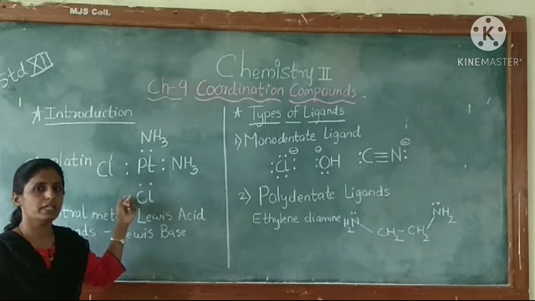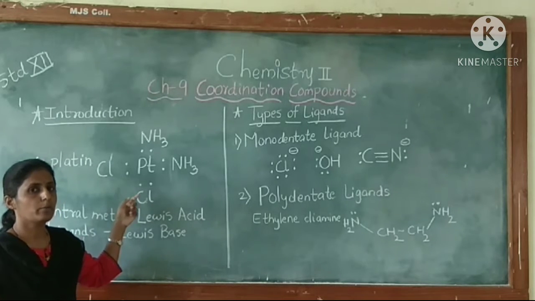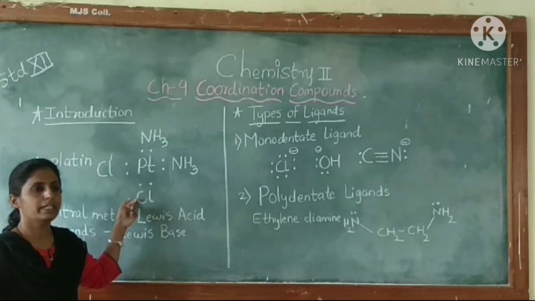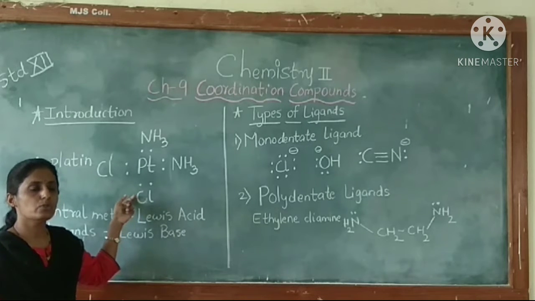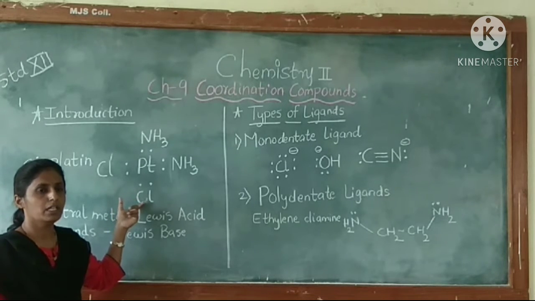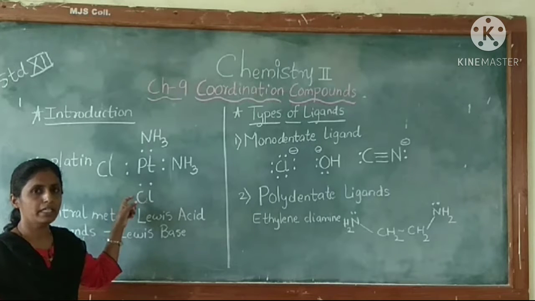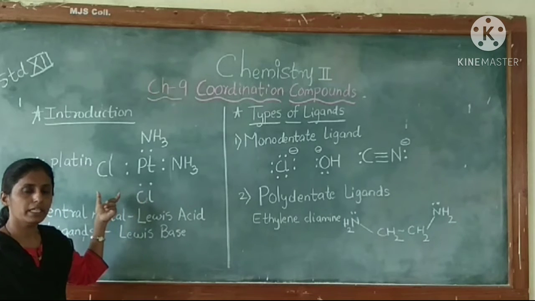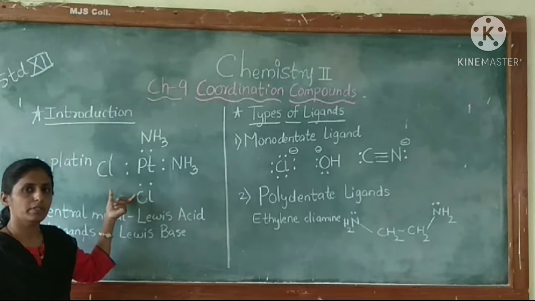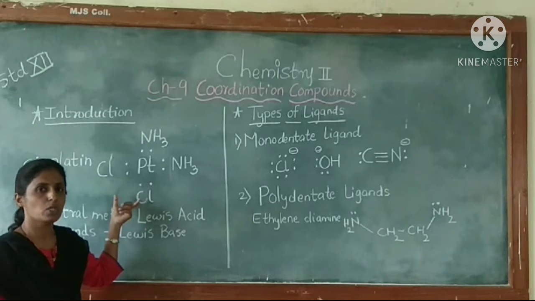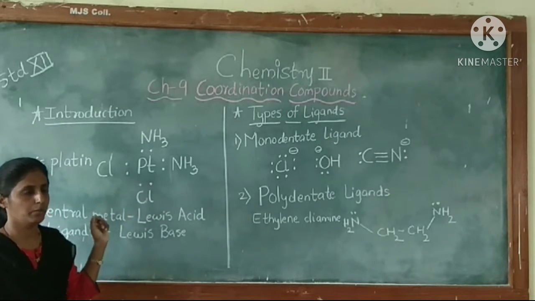That species over here is the ligand. In a normal covalent bond, we know that it is formed when the 2 species involved in the bond donate the electron pair equally. But in a coordinate bond, the bond is formed when one of the species wholly donates the electron pair.